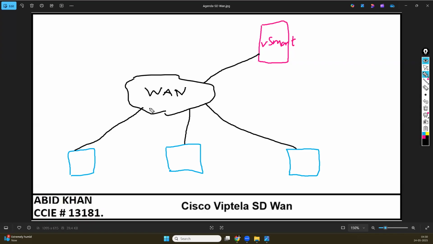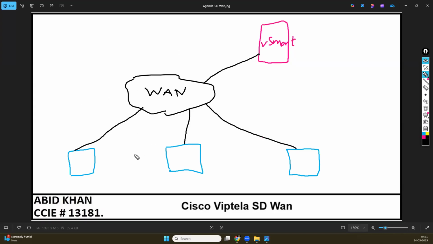Through this WAN service, let's assume that all these devices have reachability to each other. All these devices have authenticated with the vBond, and we have the vManage separately. Now, once all these components have been installed.